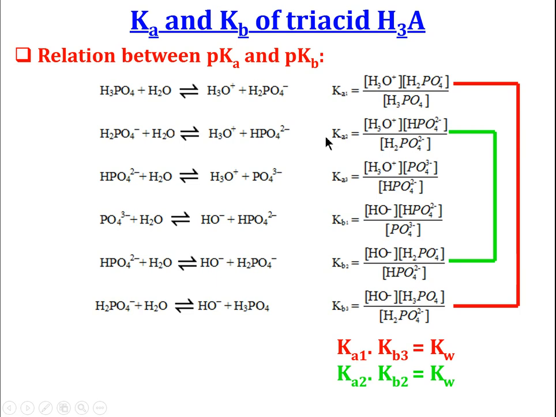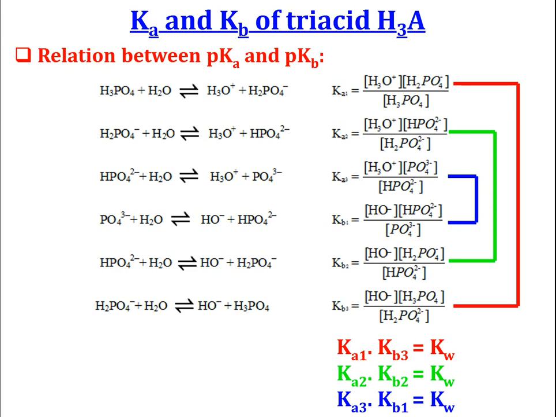Ka2 corresponds to Kb2, if you look at the couples, Ka2 corresponds to Kb2, and Ka2 times Kb2 equal Kw, and Ka3 is related to Kb1, Ka3 times Kb1 equal Kw.